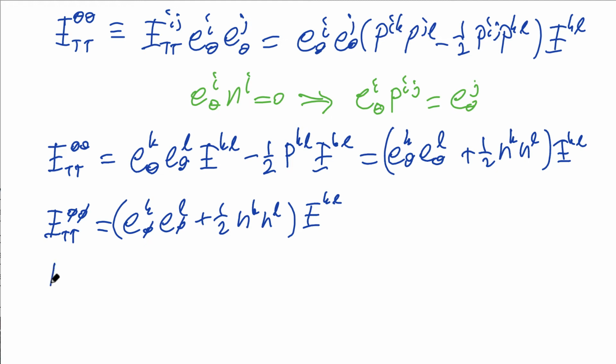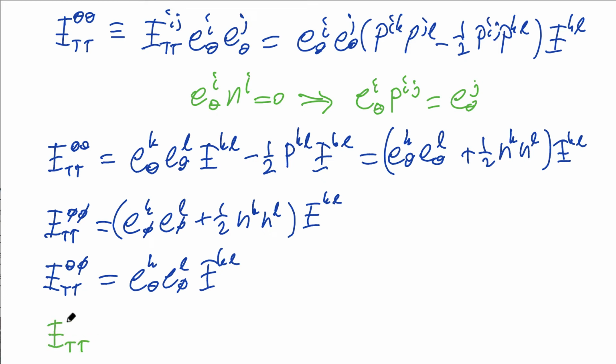And the off-diagonal component is I bar TT theta phi. That's equal to e theta k e phi l I bar kl. Of course, we can also compute the component of I bar TT in the direction of propagation. Let's call that I bar TT nn. And just like this definition, that's equal to I bar TT ij times n_i n_j.